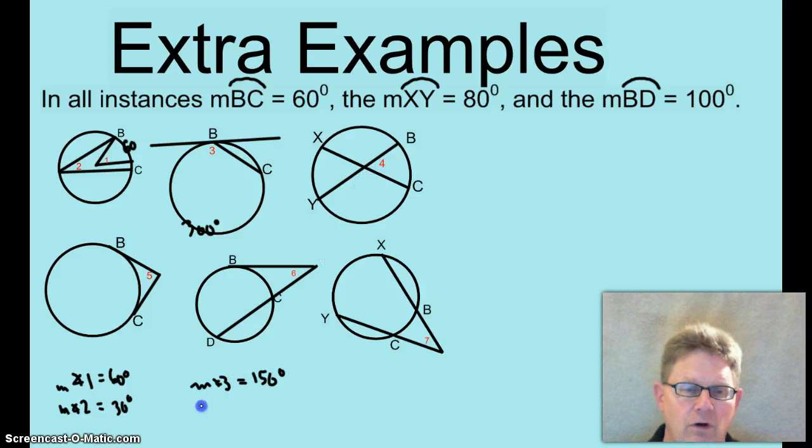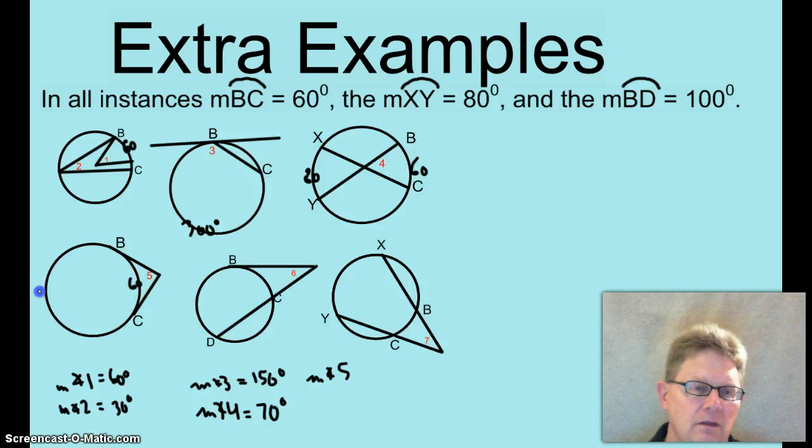Measure of angle 4. The vertex is inside the circle. It's half the sum. BC is 60, XY is 80. 60 plus 80 is 140. Half of 140, 70 degrees. The measure of angle 5. BC is 60. The major arc is 300. 300 minus 60 is 240.